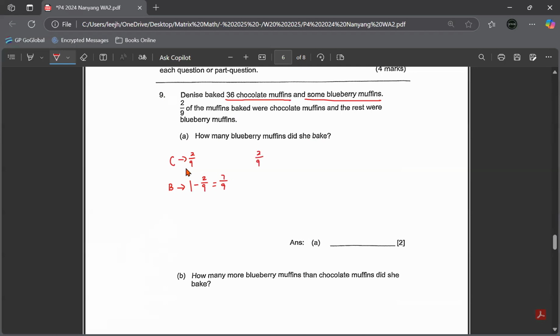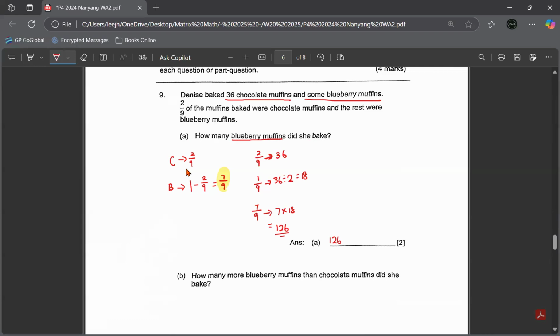So we can say 2/9 is a value of 36. Look for 1/9. 36 divided by 2, 18. Blueberry, we have a fraction of 7/9. So we look for the value of 7/9. 7 times 18. Your answer is 126.